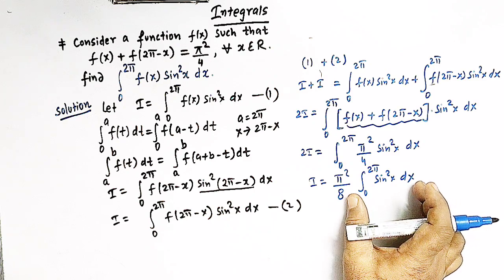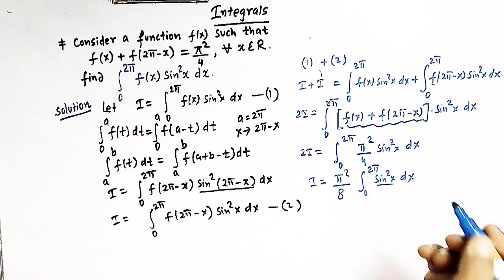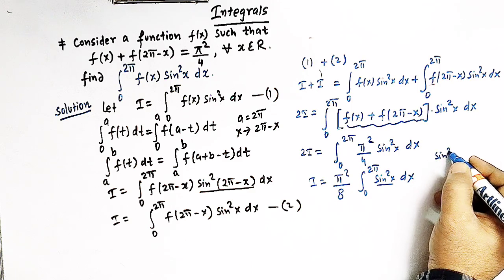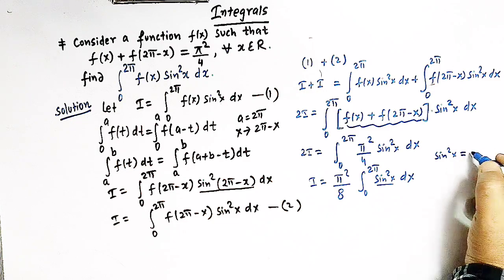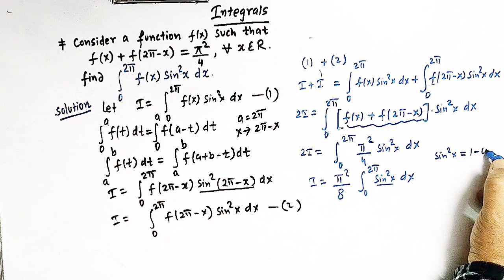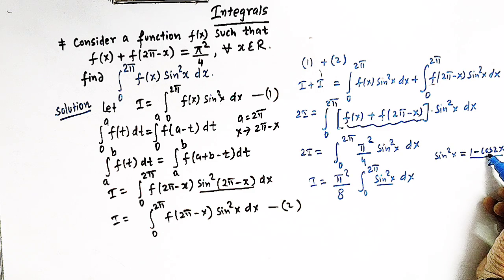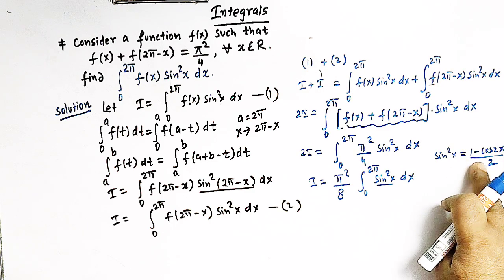In order to evaluate this integral, let us make use of trigonometry, and we know that sine square x is given by 1 minus cos 2x over 2. From the double angle formula for the cosine function, we have this result.